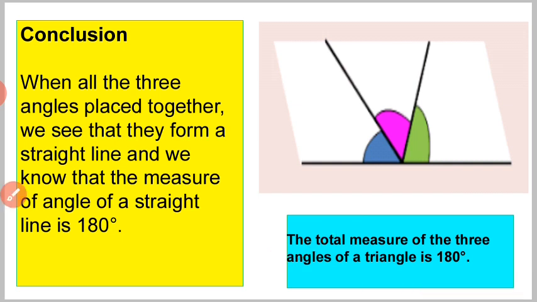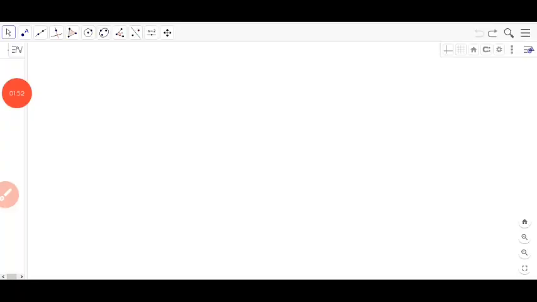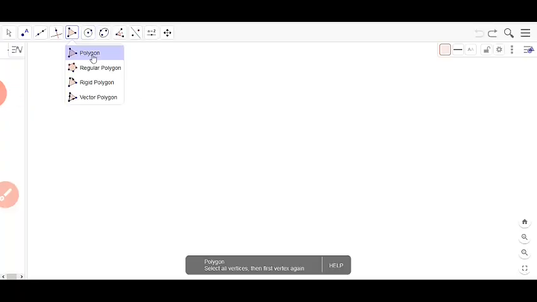So this was the verification by an activity method. Let us see or observe how this works. We will choose a triangle and make a triangle ABC.